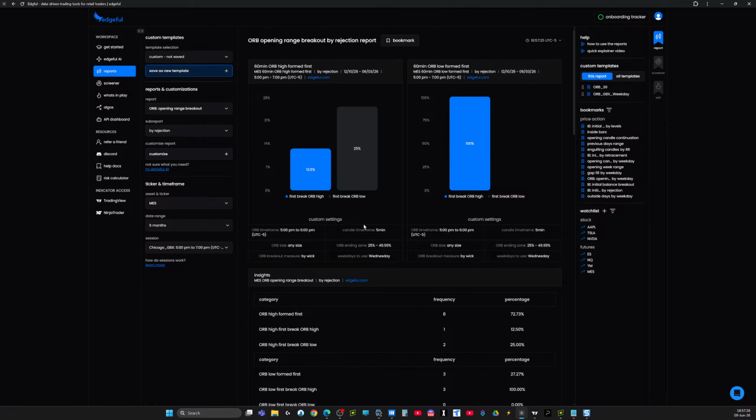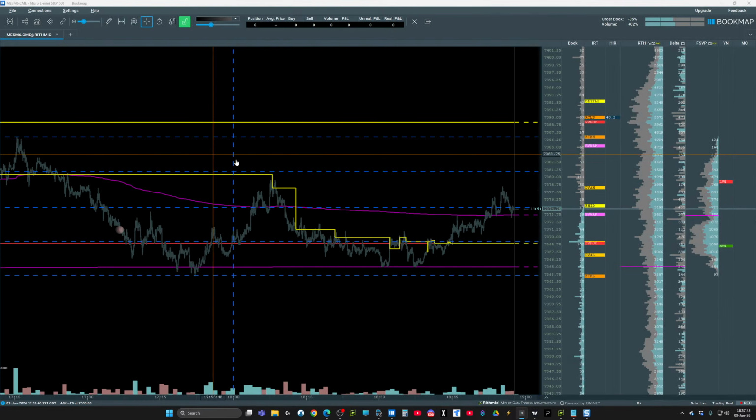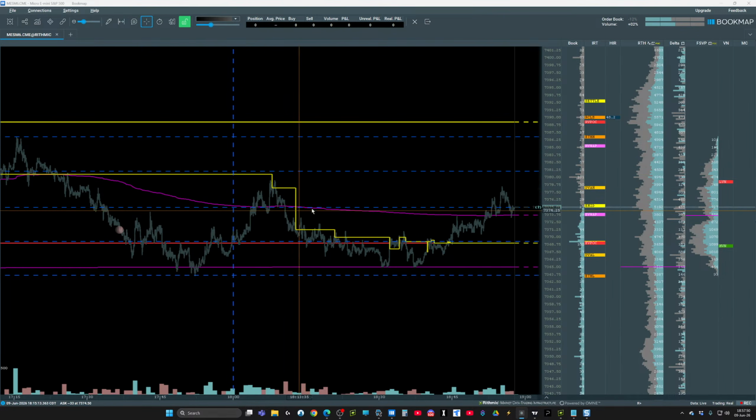It's conceivable that because of the short duration of the session, neither one broke. So there was no first break low or first break high, which is exactly what we have right here now.